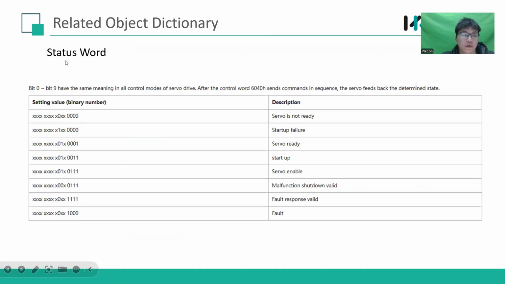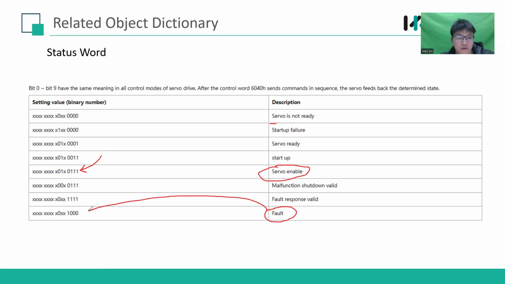Here we also have a table of different statuses of a driver. For example, when the servo is in enable status, you will see the status word of the driver will be in this form. And when the servo has, for example, a fault, you will see the servo status word will be this value.